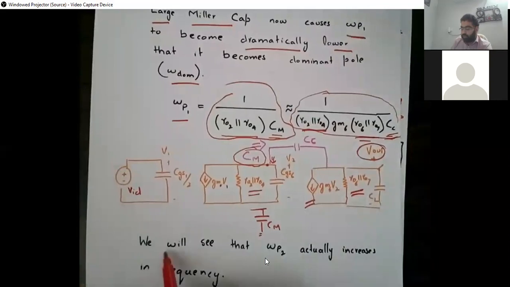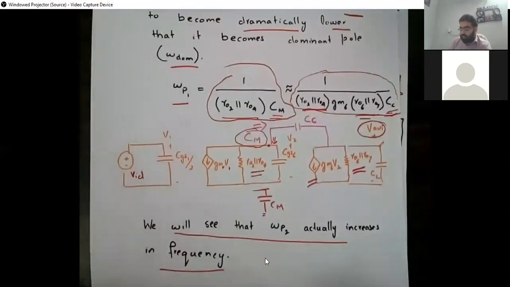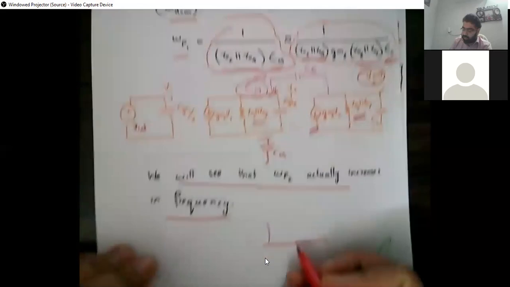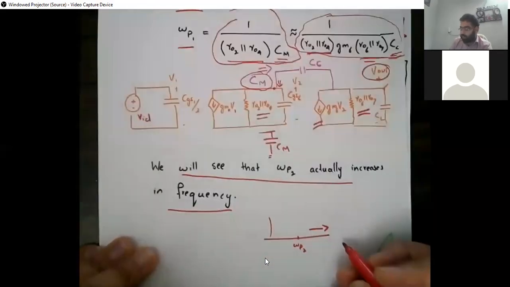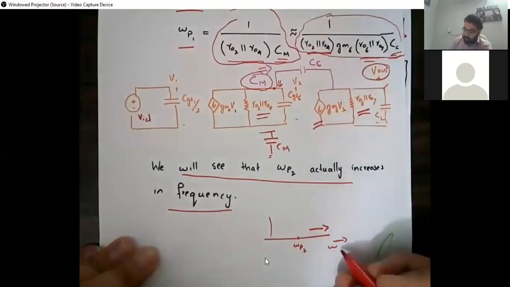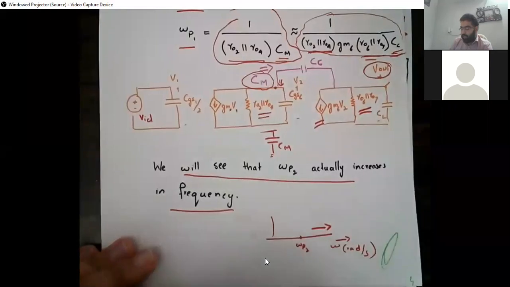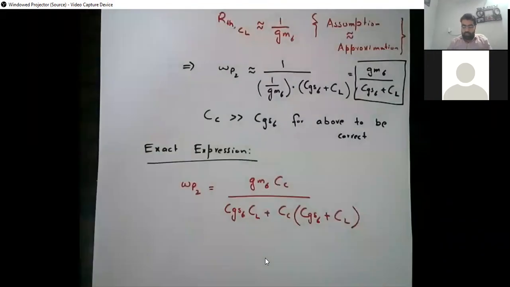So we need to see the behavior of omega P2, and we will see that omega P2 moves further right on the omega axis, meaning instead of remaining at its old place, it shifted towards the right side. So it starts reducing even in our implementation. How? We need to see this by the addition of the compensation capacitor.